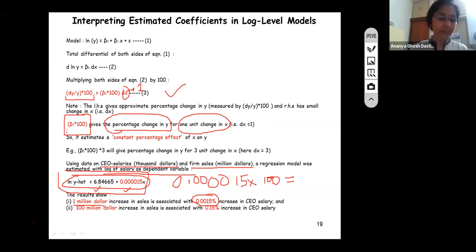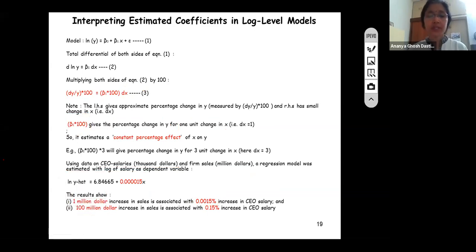Now, there are several things I want you to note over here. First of all, I'm not saying that a 1 unit increase in sales is causing CEO salary. You can't say that. On the basis of a regression model, you can say nothing about causation. All you can say is about association. So then, am I saying that you can't say more sales actually give you higher salaries?